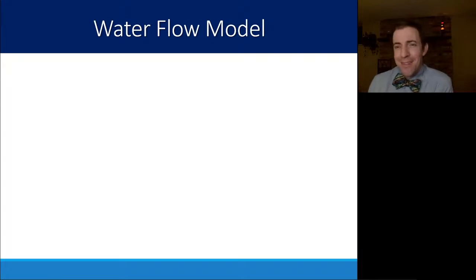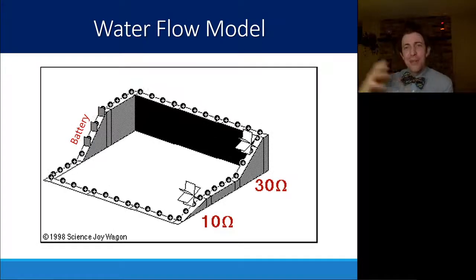So a great model to understand this is something called the water flow model, as it is often referred to, because it's hard to visualize and it's impossible to actually see the charges that are flowing through a wire. So instead, you can think of it as water flowing through. And if we do that, a great analogy here for the different batteries and components that are using the voltage is to think of water flowing through and a pump pumping this water up to a higher elevation.